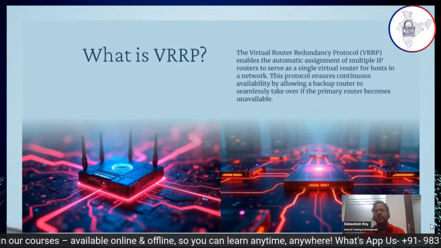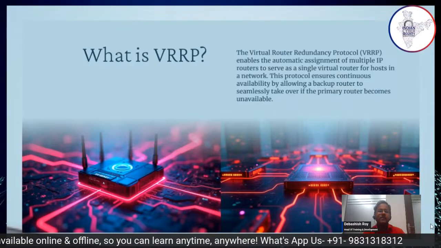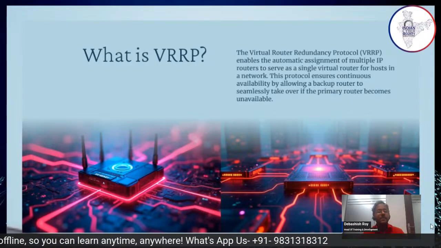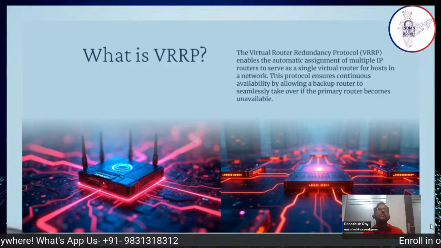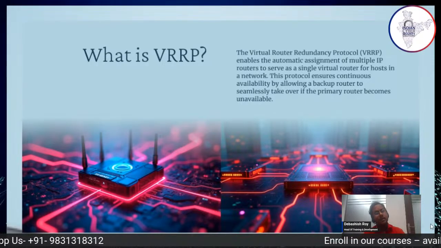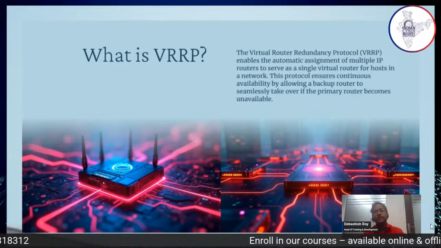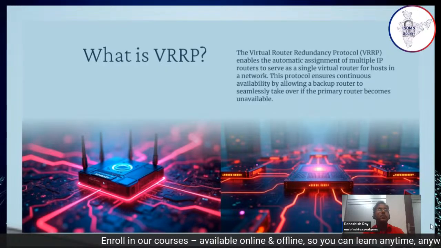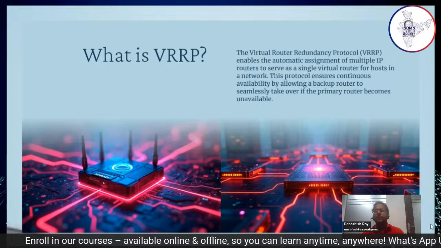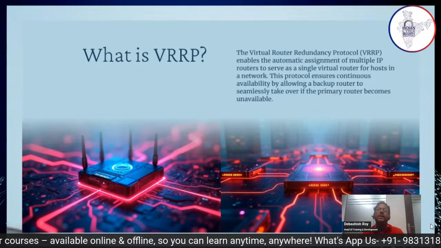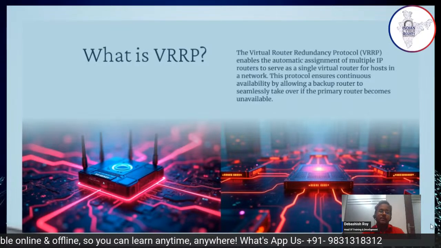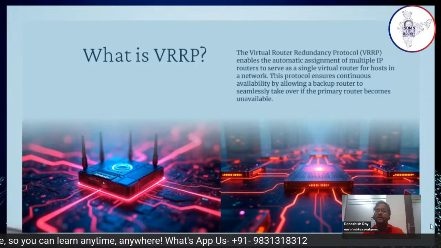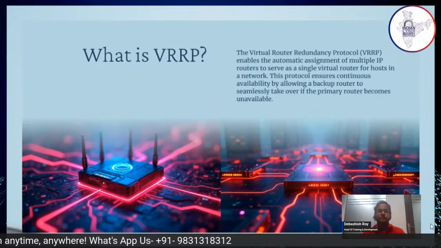It is a virtual router that is included within the VRRP, HSRP, GLBP protocols. Means you can ping the virtual IP address, but that is not physical. It has a virtual IP and a virtual MAC as well. This protocol ensures continuous availability by allowing a backup router to seamlessly take over if the primary router fails. So it is a failover.